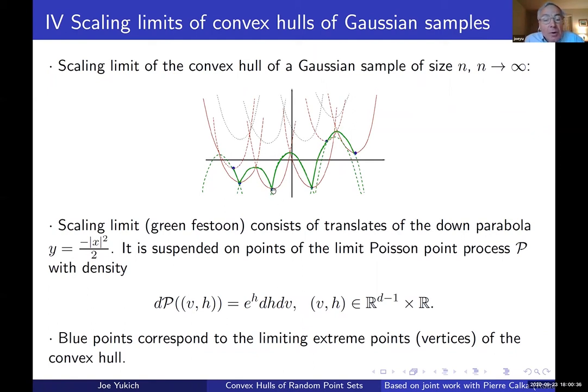The blue points here, maybe it's not visible, but this point is blue, that's blue, that's blue. These are the images of the extreme points of the Gaussian sample in the asymptotic limit as the number of Gaussian sample points goes to infinity. So that's the picture.